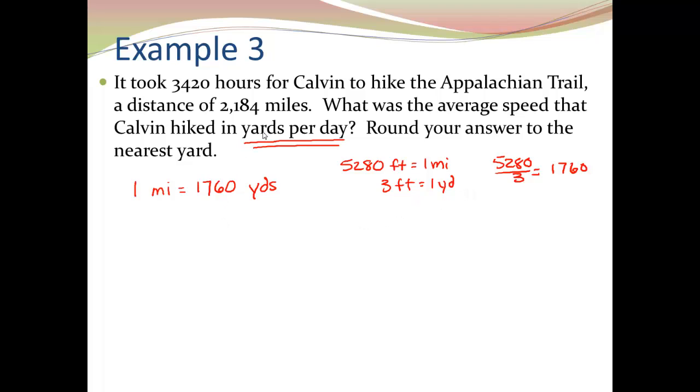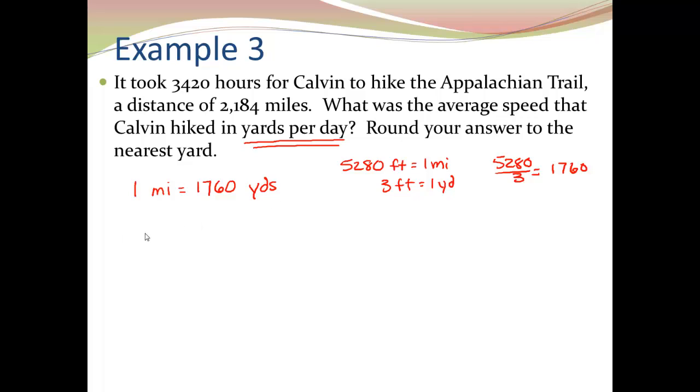The next thing I'm going to need to keep in mind for later is that there's 24 hours in a day. Okay, now this isn't going to divide evenly into there, so what we'll do is we'll tackle that at the end. So for now, let's set this up. You always want to kind of do distance over time. It's easy to remember for rate, which is what we're trying to find out, the average speed.